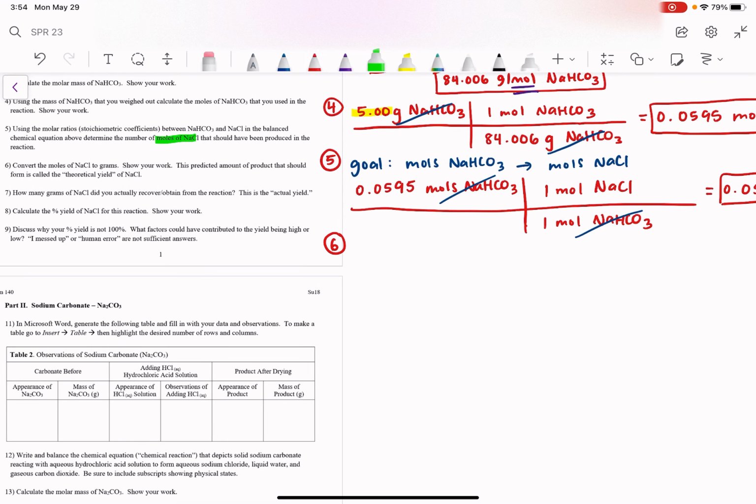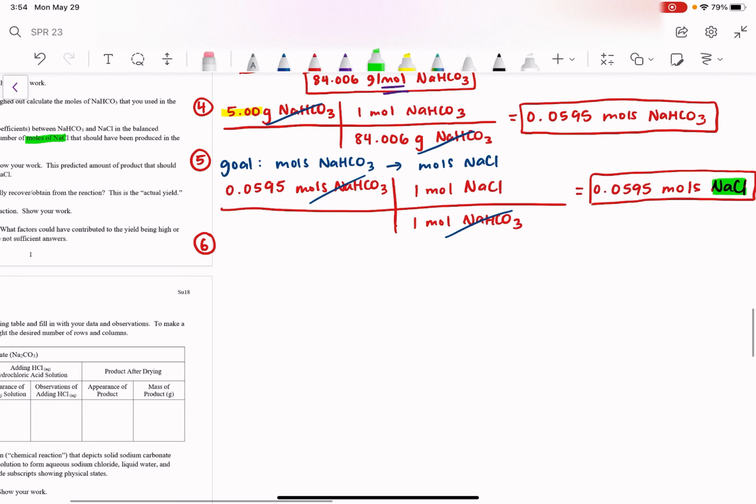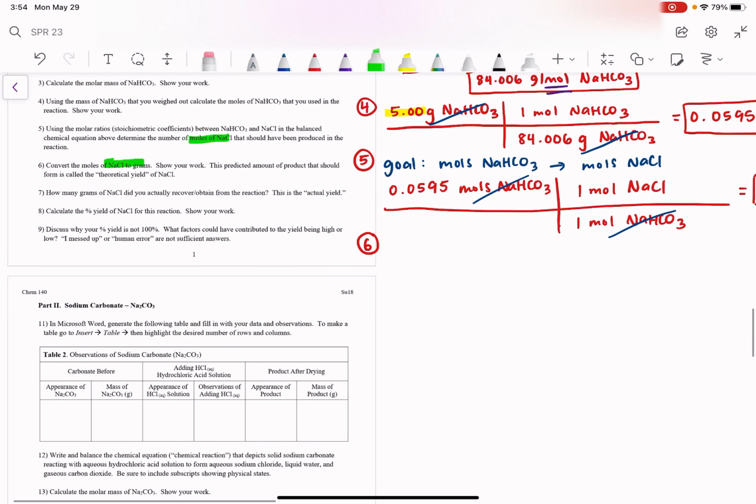Moles of NaCl, so that's what I just calculated in this step. We want to convert moles to grams. So our goal is moles NaCl to grams NaCl.